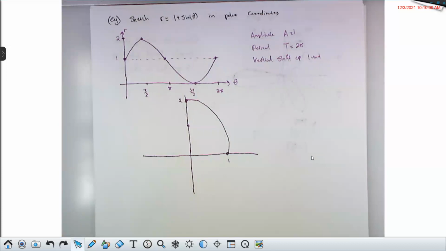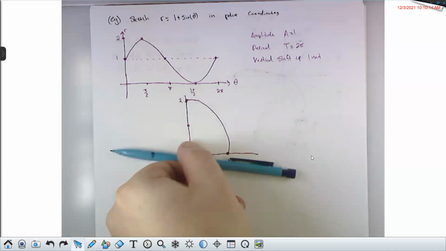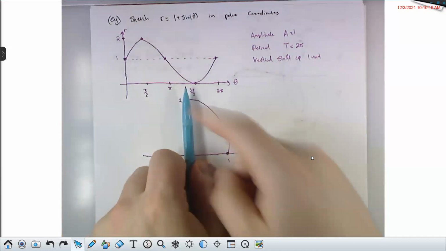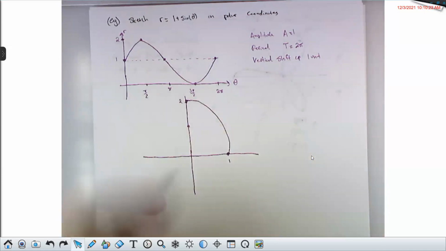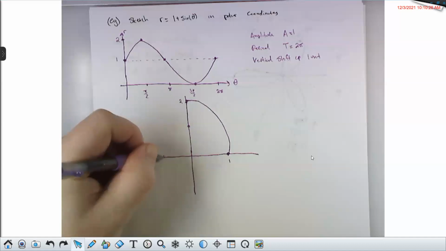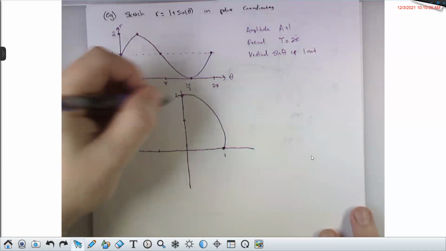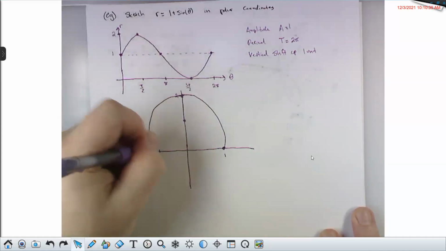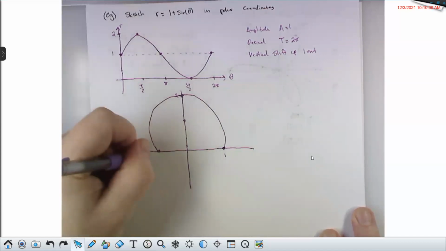As my little arm rotates past pi over 2 through the second quadrant towards pi, r is coming back in. So my little dude is walking back in as I do this. And by the time we get to pi, he's back at 1. So that will give me something like this. This is the polar point 1, pi.